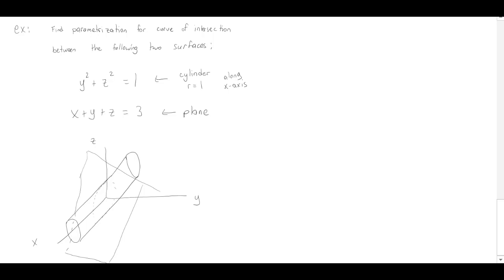You can maybe imagine it's going to be an elliptical shape, an ellipse. Okay? Maybe imagine taking a soda can and slicing it at an angle. You're going to get an ellipse where the plane and the can intersect each other. All right? So that's what the curve of intersection is referring to. When you're talking about the curve of intersection, it's the ellipse where the plane and the cylinder are intersecting. Okay?